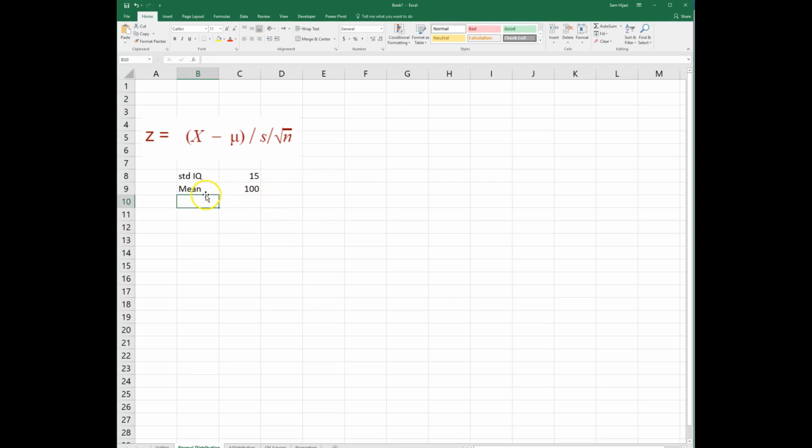Since the mean of the population is 100, the hypothesis test is going to agree with the fact that, as we'll see here, mu is going to be equal to that 100, of course.